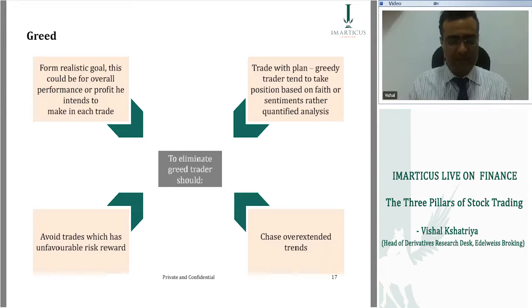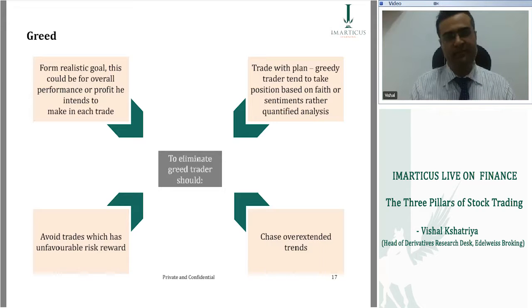Avoid trades with unfavorable risk and reward, and don't chase overextended trends. So what is this unfavorable risk and reward? Say I tell you to go ahead and buy a stock currently trading at 1,000. I say this stock can go up 10 rupees from here, so 1,010.